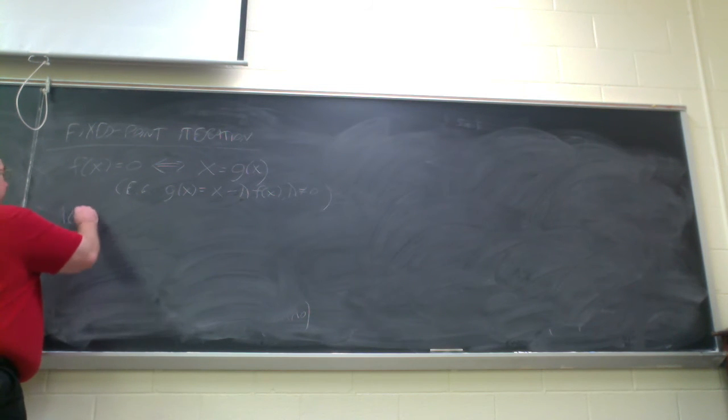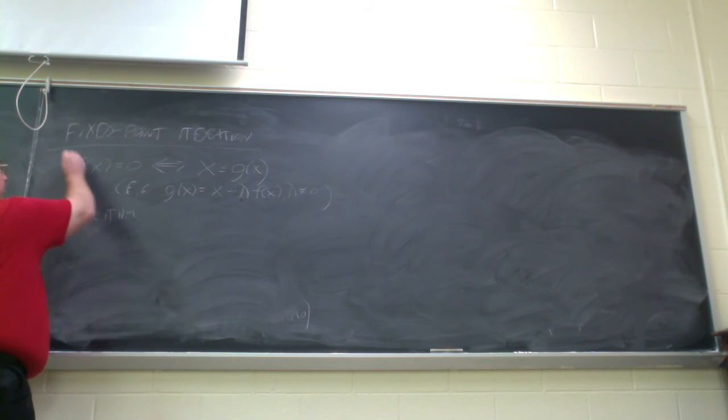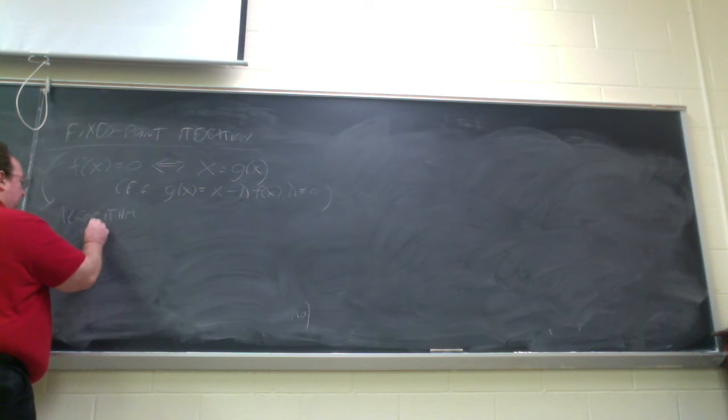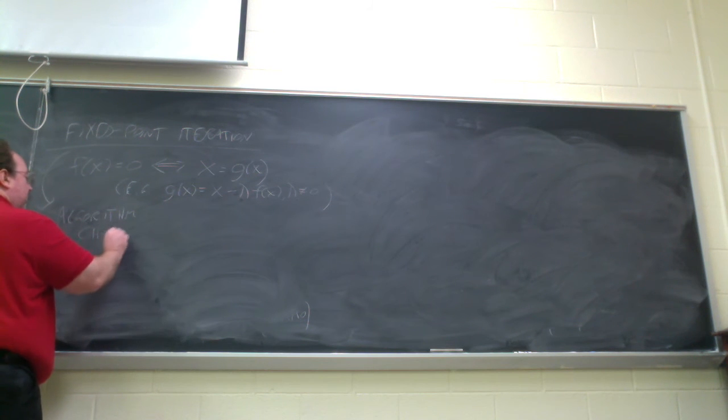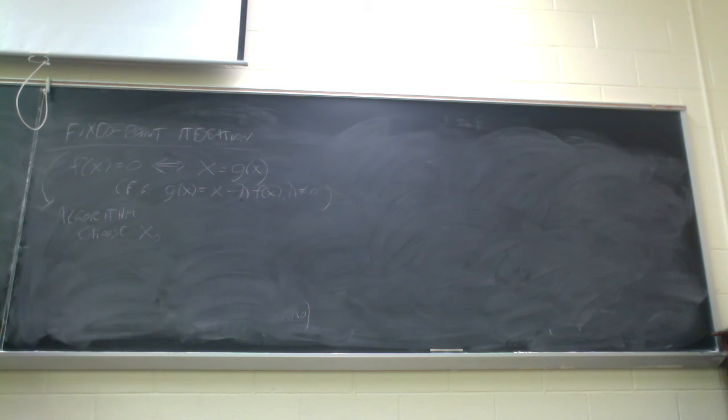So the actual algorithm for fixed point iteration is you choose some initial guess. Let's call it x naught.